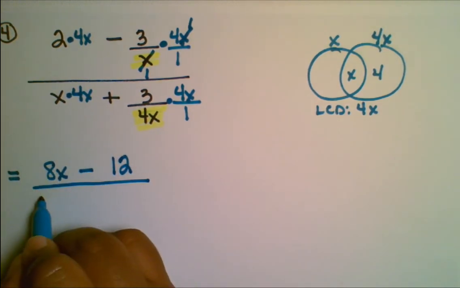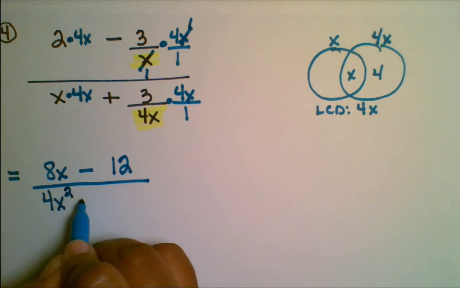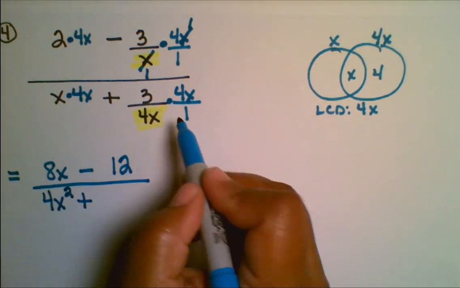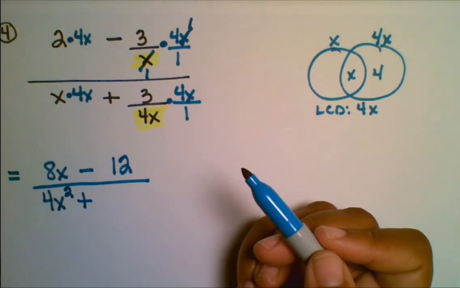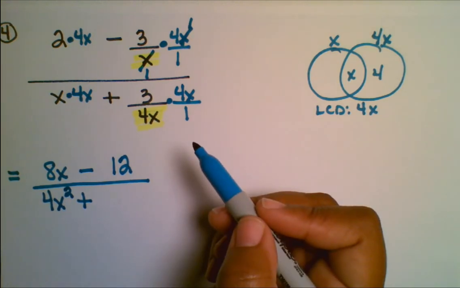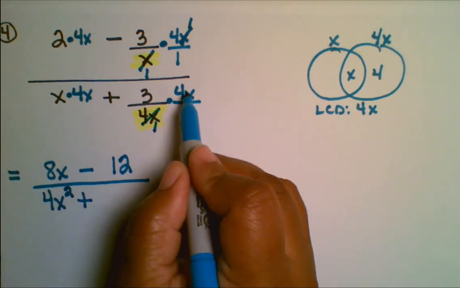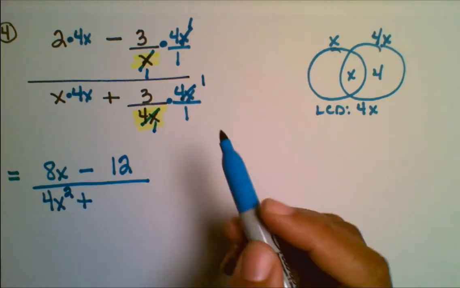Multiply those together, we have 4x squared, plus, let's look at the last term. What divides out? The 4x's. And we're left with the 3.